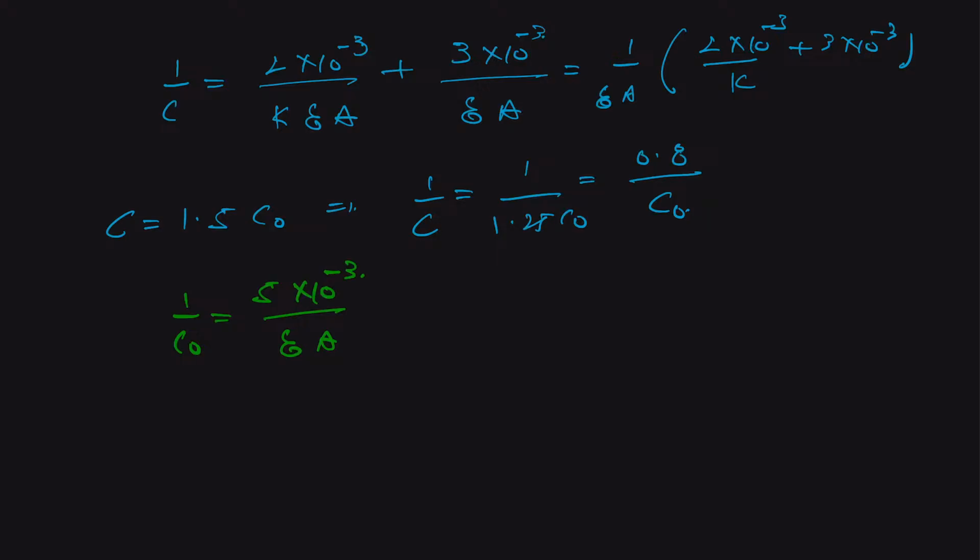So we can easily sort it out. So 1 upon C, we can replace it by this value and multiply by 0.8.